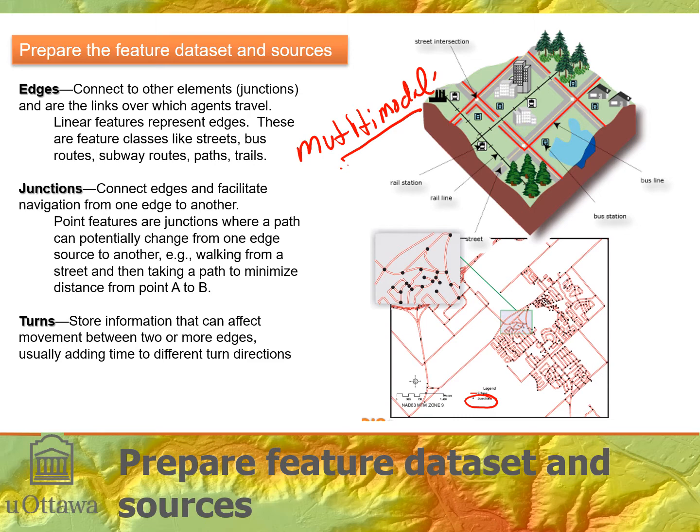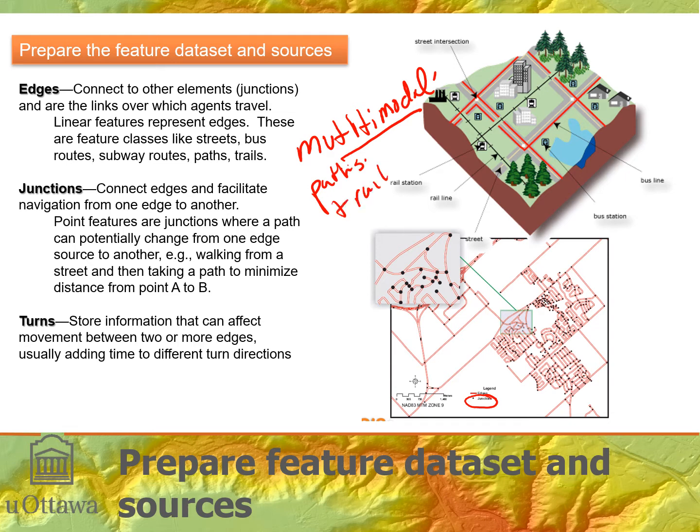Walkability requires that the agent walk from point A to point B. And we know that we can walk places where cars cannot drive, such as in parks, through trails, or along desire lines. Desire lines are those informal paths that often are shortcuts to get from one point to another that are not maintained by the city in any way. They are where people would like to have a path, or something maintained by the city, but one does not exist for liability reasons.